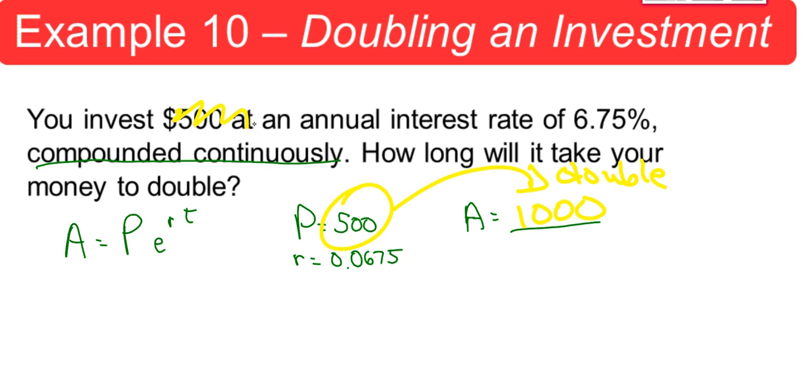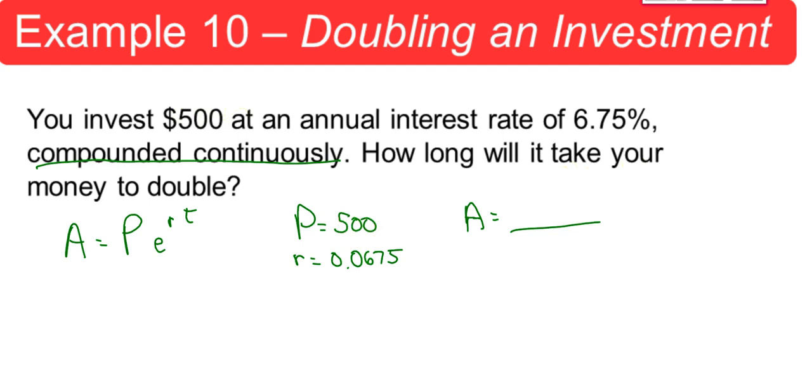And you might be thinking, how would I know? But if I don't have an amount, I can say my principal is 1, and then doubling it would just be 2. And watch how that comes into play as we work this problem out.